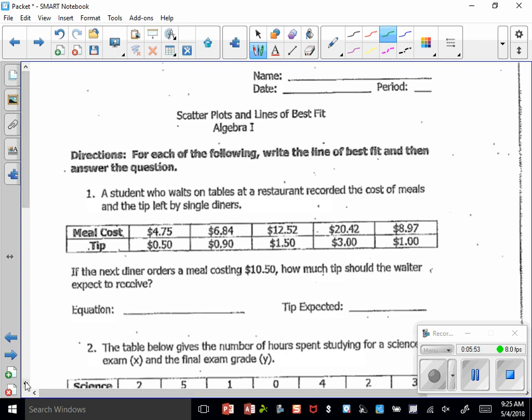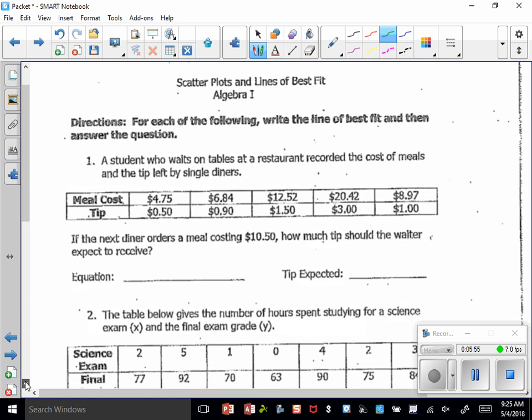All right, now let's go back and review scatter plots. Okay, we've done line of best fits before. So what I'm going to have you guys do, and I'm not even going to put this up on the board on the calculator because we've done this before. You're going to hit stat, and you're going to put in your L1 list the meal cost, and in the L2 list, you're going to put tip.